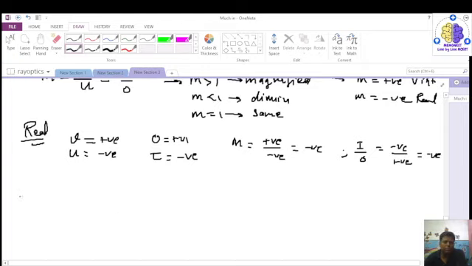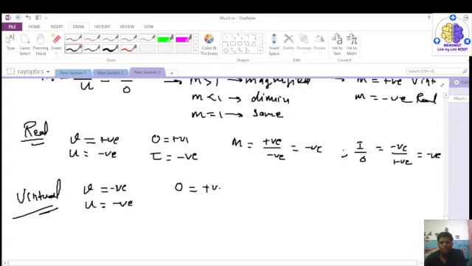If we talk about a virtual image, again referring to the ray diagram, virtual image distance is negative and object distance is also negative, object height is positive, and image height is also positive.